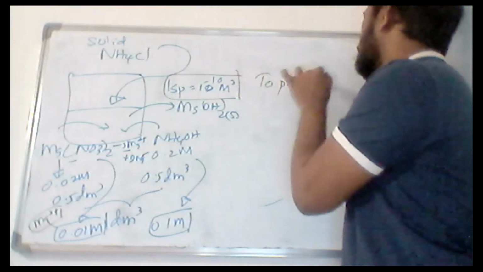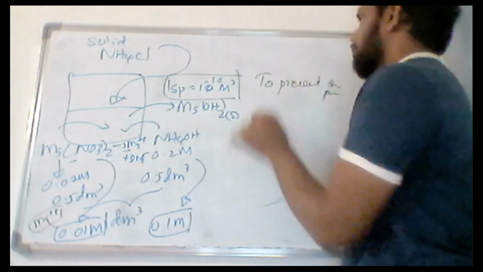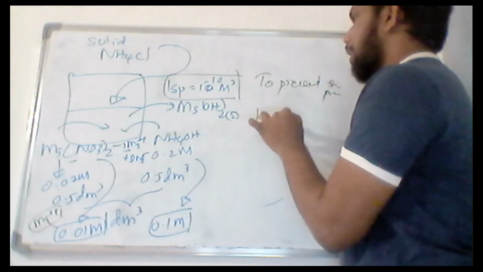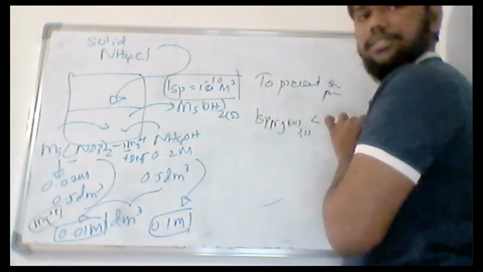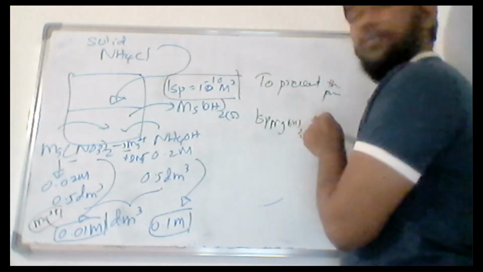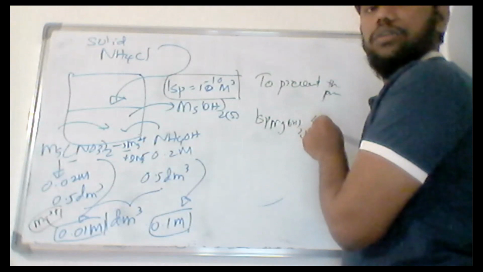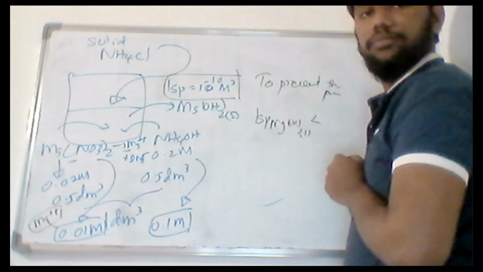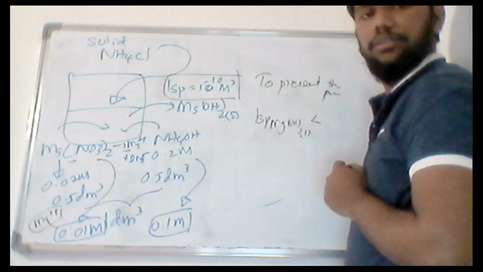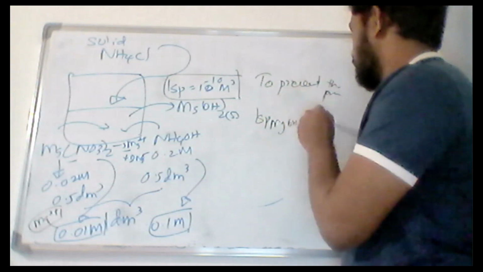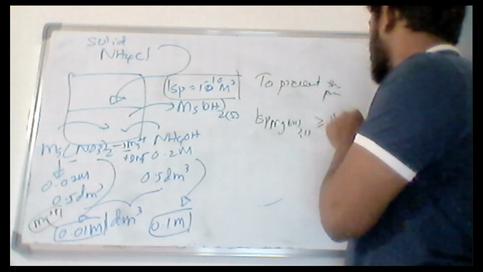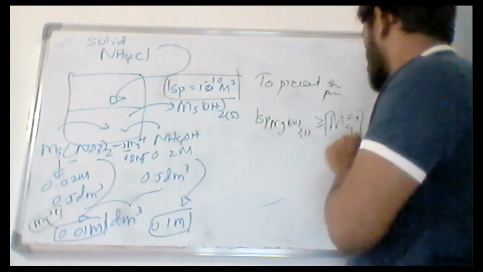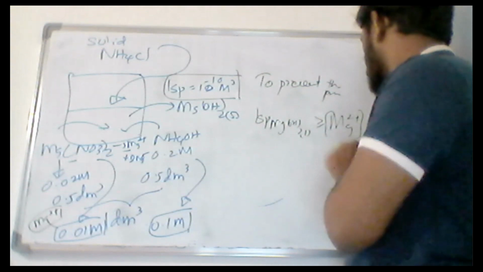So to prevent the precipitation, is it less or greater? Think about that a little. Ksp should be greater than or equal to the ionic product, that is magnesium 2 plus times OH minus squared.